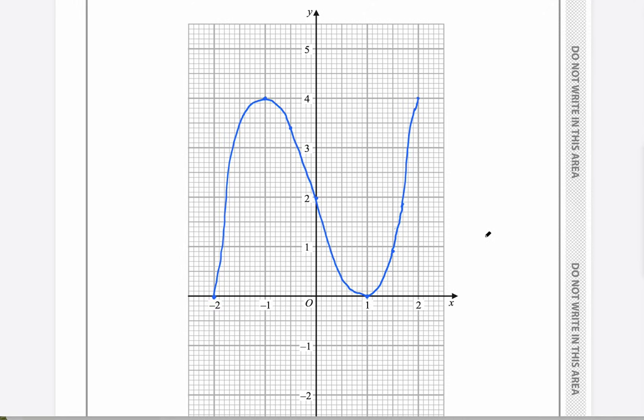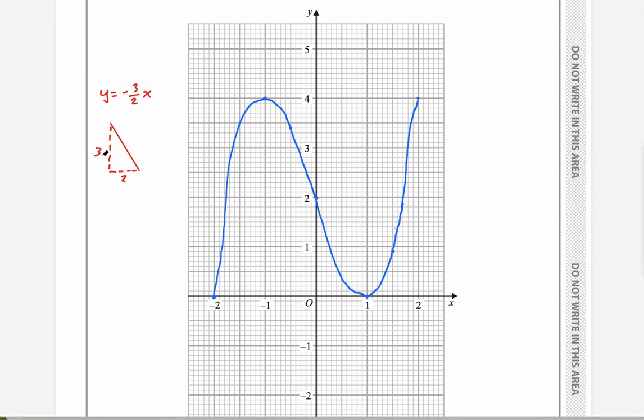How do I draw minus 3 over 2x? Well, guys, if you know how to draw lines, you should actually be able to draw this. I'm going to draw y equals minus 3 over 2x. So this means the rise is 3 and the run is 2, but it's negative, so it's going down. So I'm going to go down 3 for every 2 across.